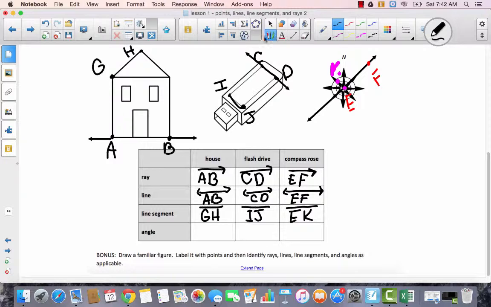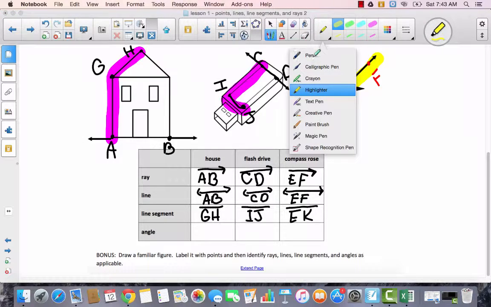All right, now I have to find an angle. I'm going to use my highlighter here, and I'm probably just going to use some of the points that I already have. So I have lots of angles here. I'm going to do angle HGA, angle CIJ, and then, let's do yellow here, KEF.